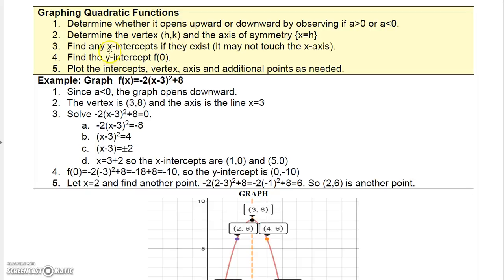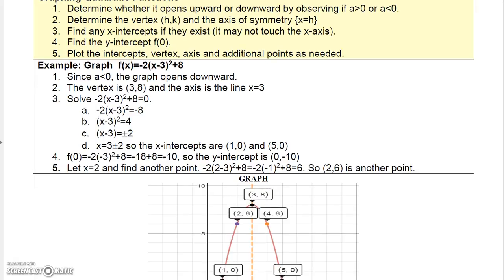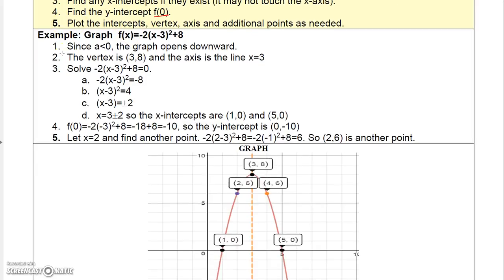Sometimes you can find x-intercepts, but when you're looking for x-intercepts, if you get imaginary numbers, then it's just a parabola that doesn't cross the x-axis. It may give you irrational numbers, which you might have to use a calculator to estimate. And then you can find the y-intercept, in other words, f of 0. And if you need to, you can plot additional points.